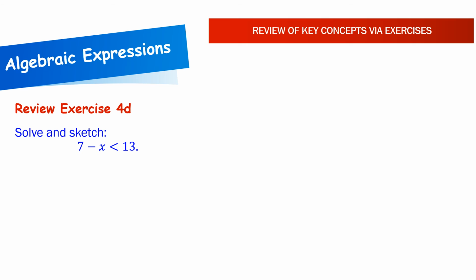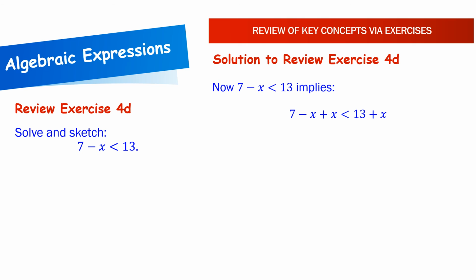Now for exercise 4d. We are required to solve and sketch 7 minus x is less than 13. We're going to add x to both sides in order to make the x positive, as shown, which gives us 7 is less than 13 plus x.